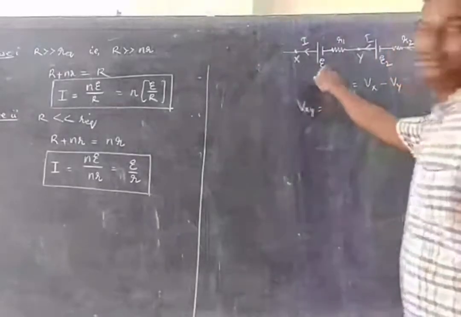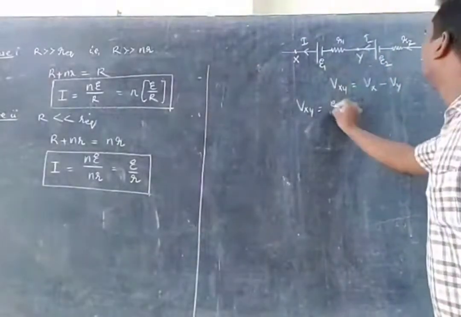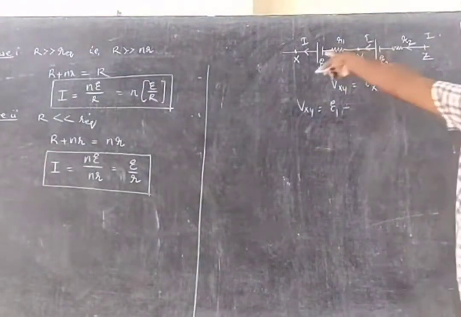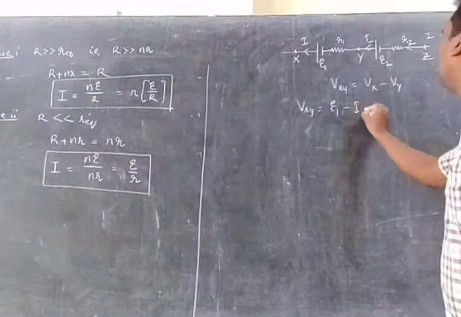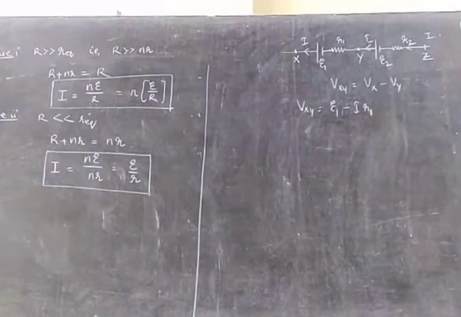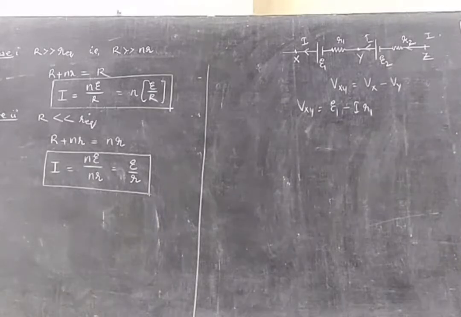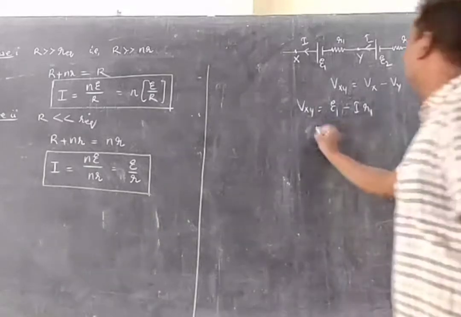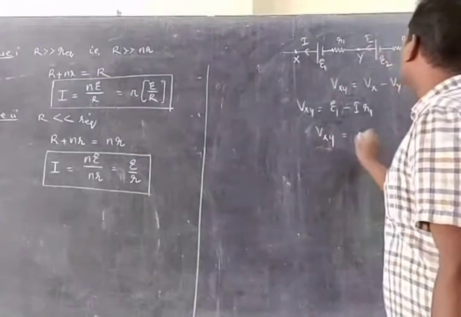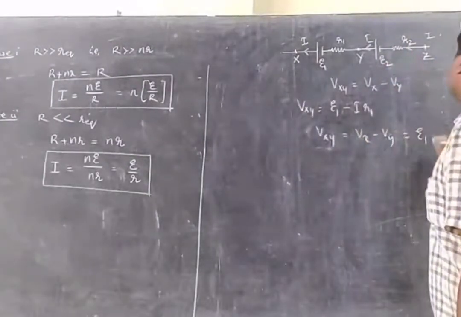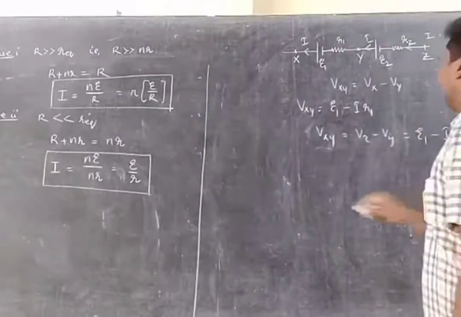Vxy is equal to the EMF over here, E1, minus the current over here, I, and R1, right? Now you substitute the same over there. So what do we get? Vxy is equal to Vx minus Vy, which is equal to E1 minus I into R1.